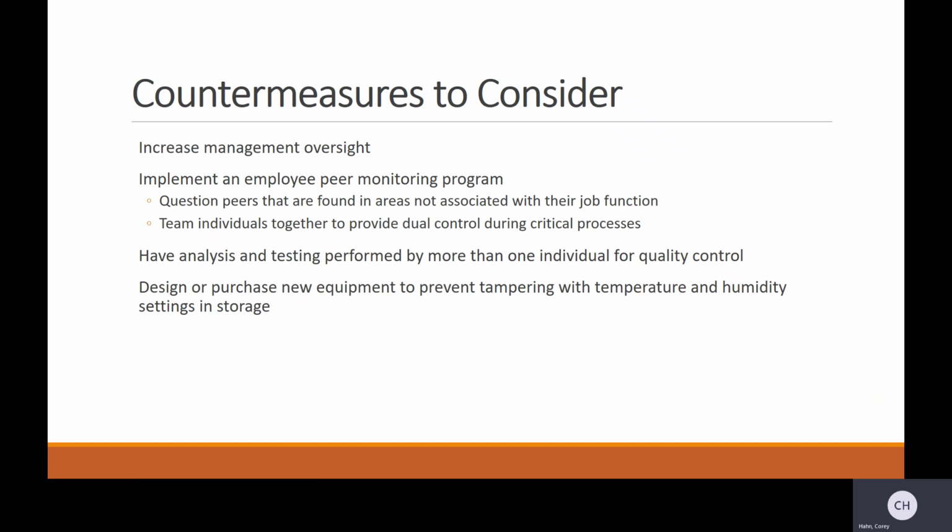Second, the organization could implement what's called an employee peer monitoring program, which would include things like questioning peers that are found in areas not associated with their job function, as well as teaming individuals together to provide dual control during critical processes. In addition, having the analysis and testing performed by more than one individual would improve the quality control process and reduce the amount of risk posed by just a single person doing that process.